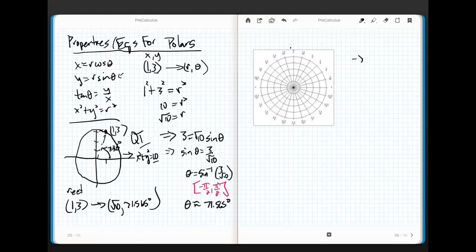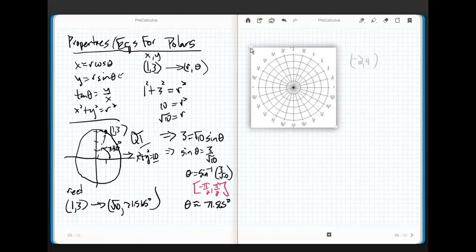So I'm going to take the point (-2, 4). I'm going to pull this thing out so it's relatively squared away. Okay, that's better. All right, so we're going to do (-2, 4), and this is rectangular.